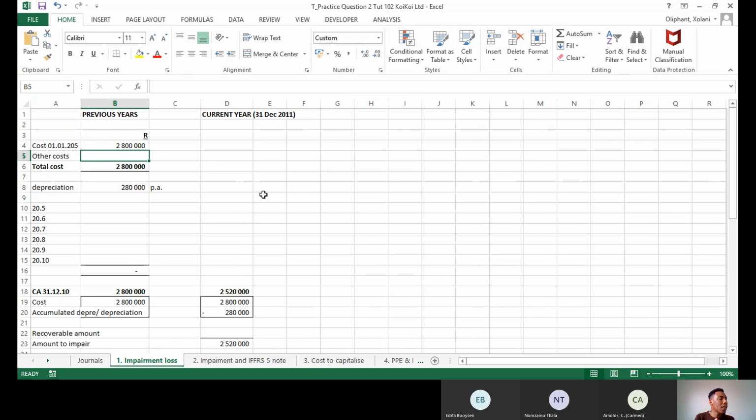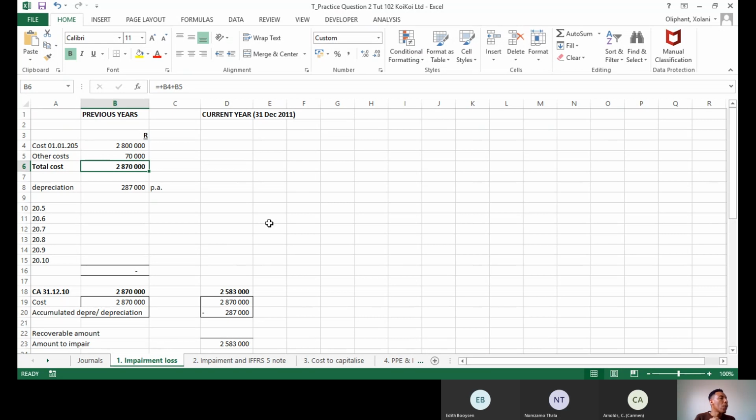Those are directly attributable costs to the patent, so we add those costs, 47,000 plus 23,000. That gives us 70,000 altogether. So the cost we would have recognized in our books for this patent would have been 2.87 million.